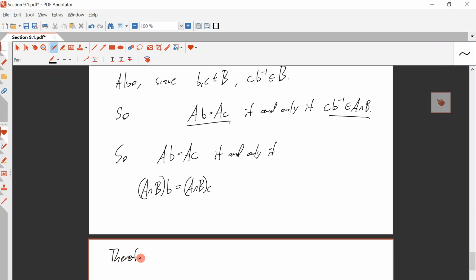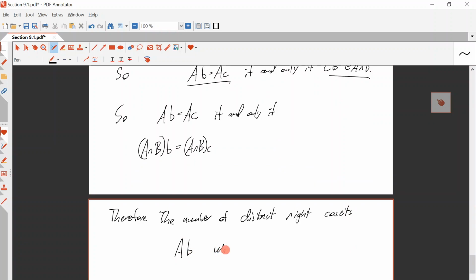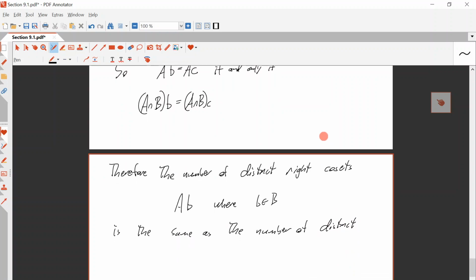Therefore, the number of distinct right cosets Ab, where b is in B, is the same as the number of distinct right cosets of A intersection B as a subgroup of B.